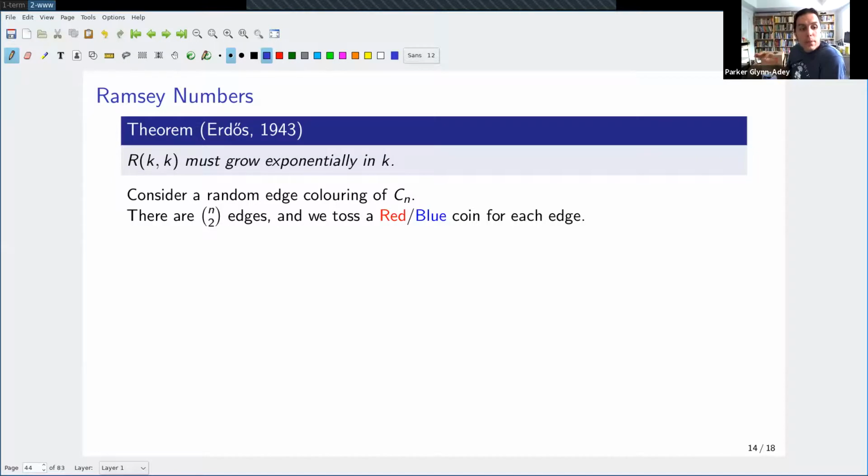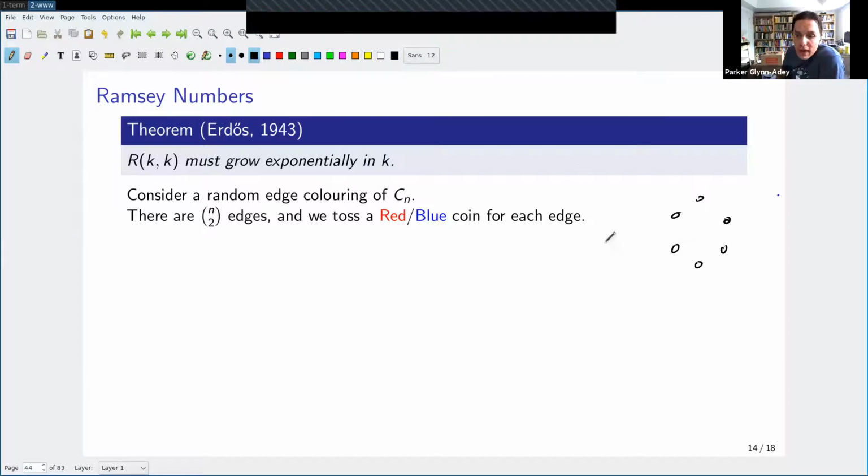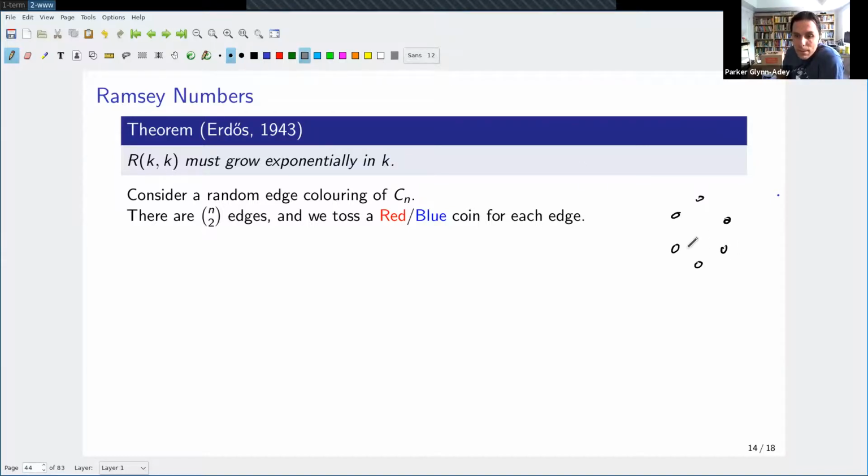Okay, so in the complete graph, we've got n choose 2 edges, right? These guys, every pair of them defines some edge.